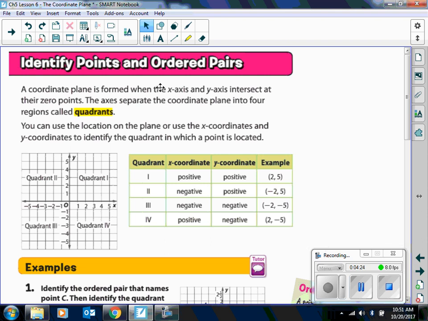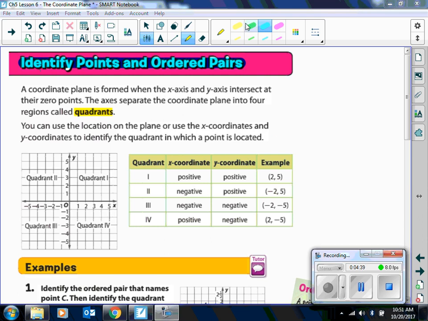So now we're going to identify points and ordered pairs. So make sure you write down your heading. Definition. So here, a coordinate plane is formed when the x-axis and the y-axis intersect at their 0 points.